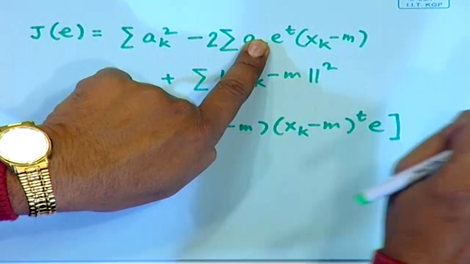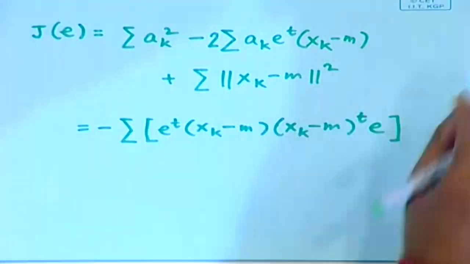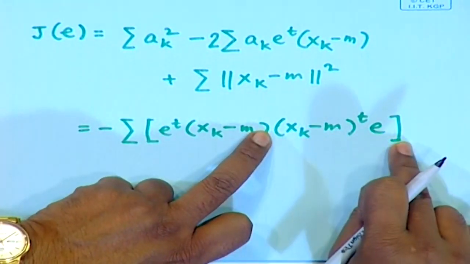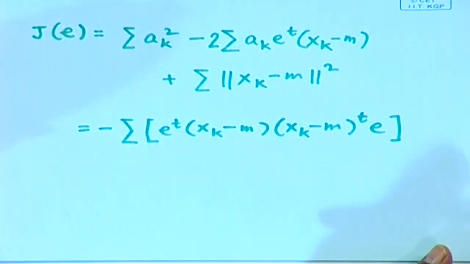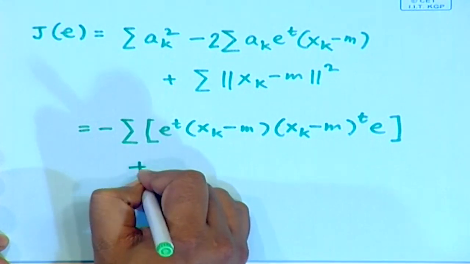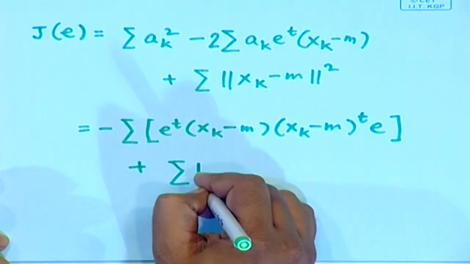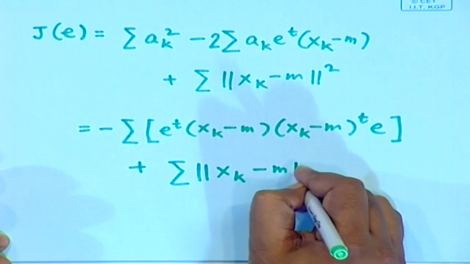So it is minus summation of E transpose xk minus m square. If I break that, I can write this as E transpose xk minus m into xk minus m transpose E. It is the same in the matrix expression. So this plus the sum of the other term remains as it is, xk minus m square.